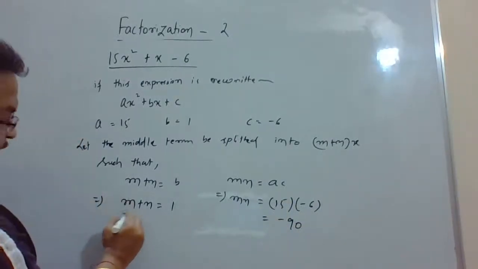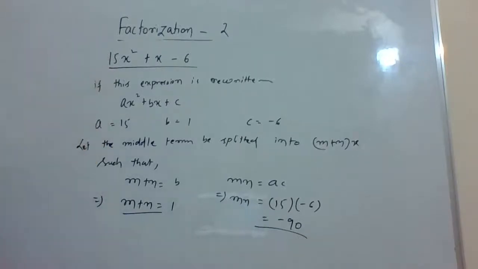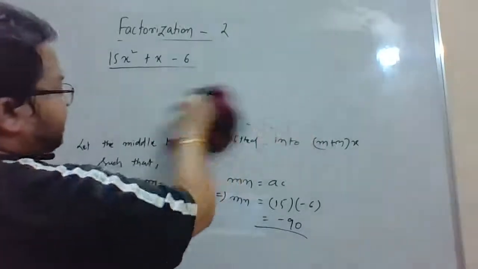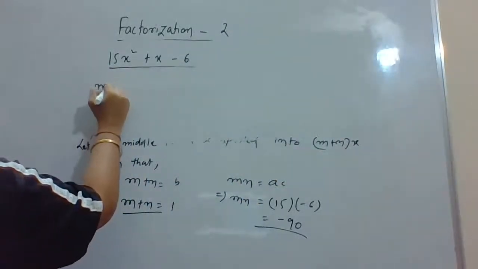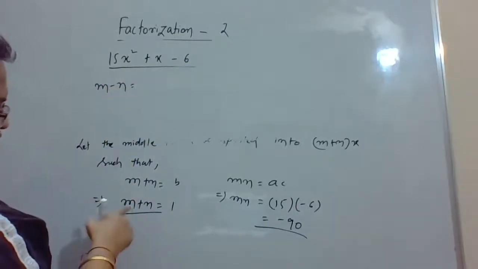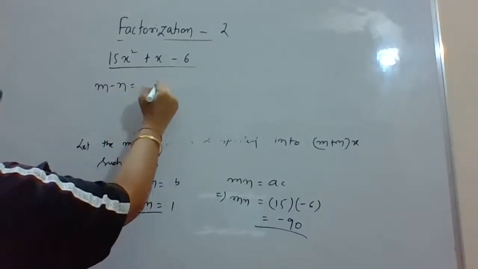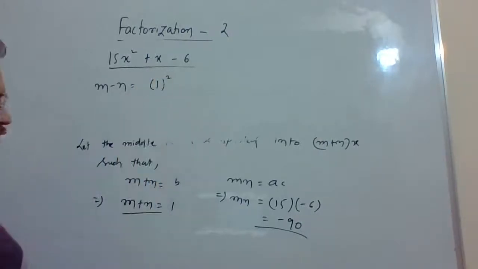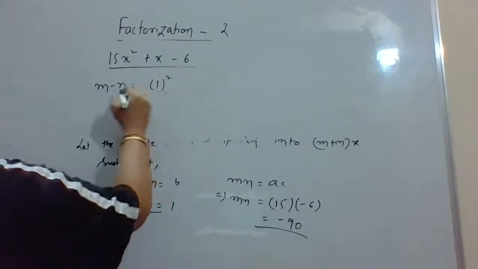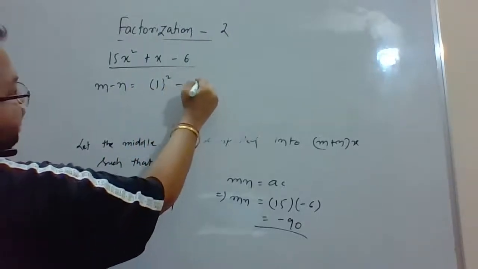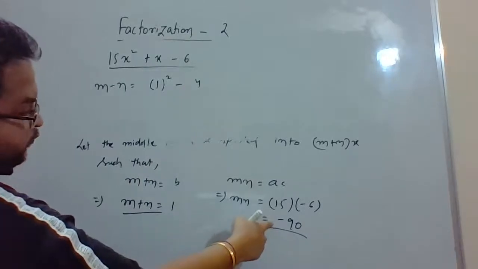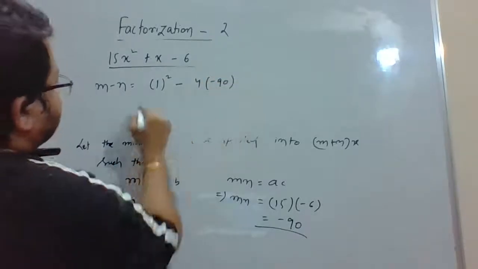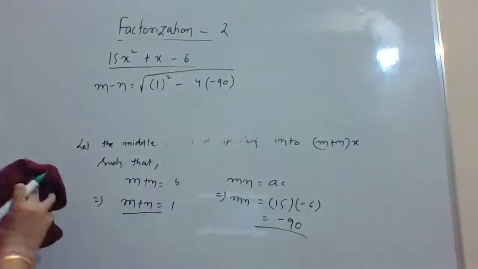Now you know m plus n, and you have found mn. So let us quickly find the value of m minus n. M minus n will be the root of m plus n whole square, which is the square of 1, minus 4 into mn, that is minus 4 into minus 90.